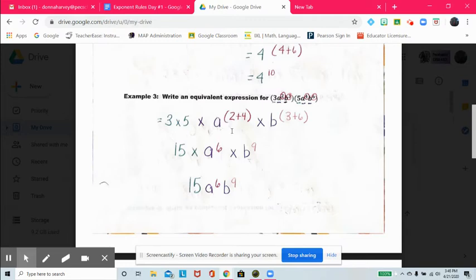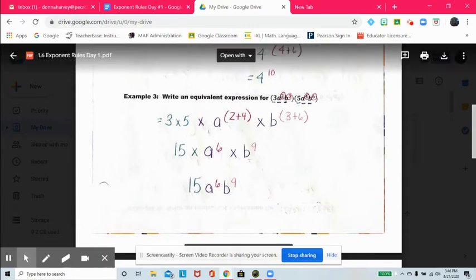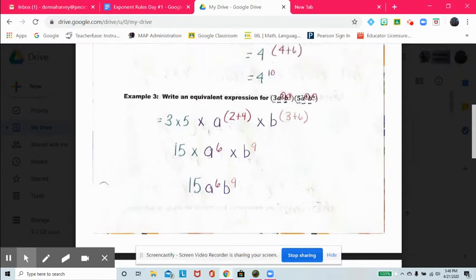Our a's have the same base, so we're going to add 2 plus 4 and get a to the 6th. And the b's are the same, so you can add 3 plus 6 and get b to the 9th. Your final answer is 15, a to the 6th, b to the 9th.